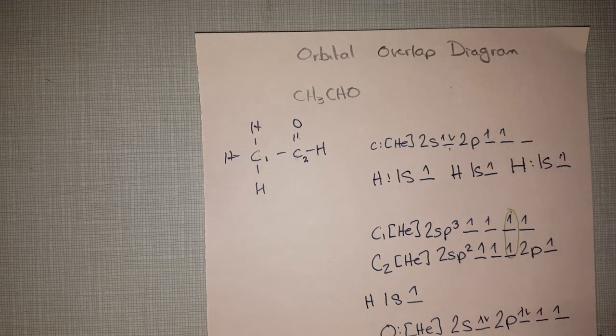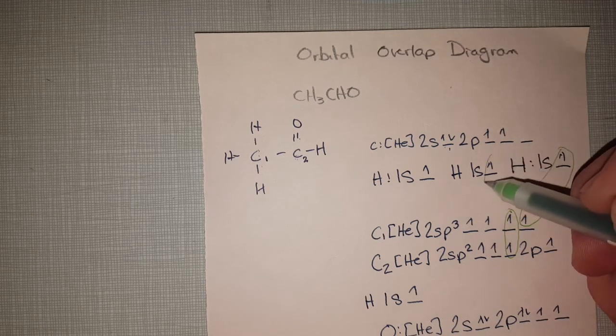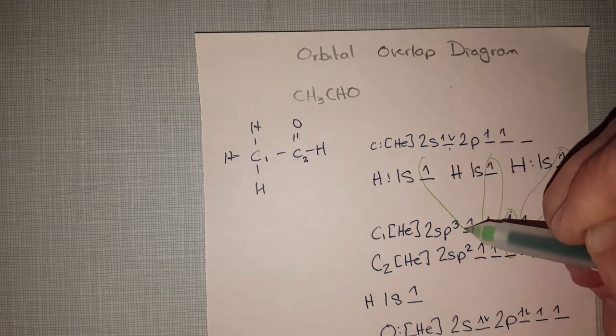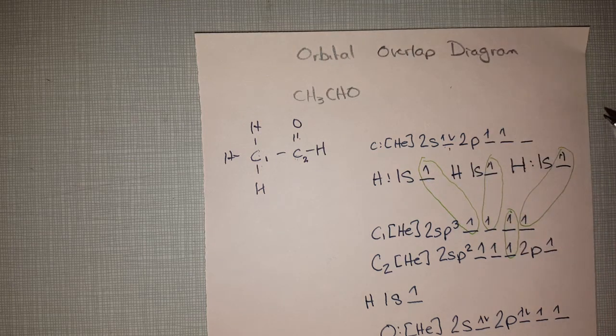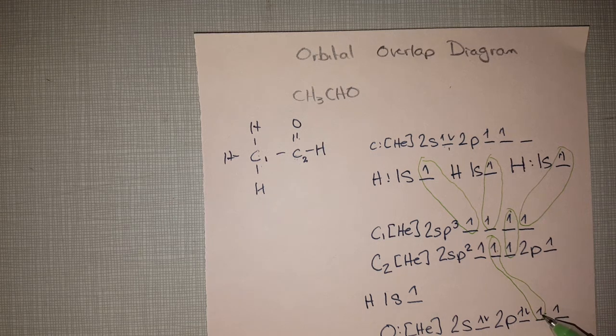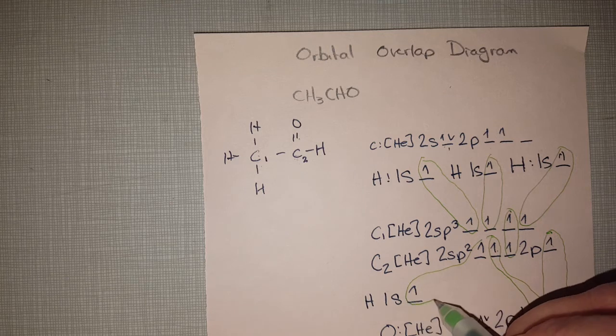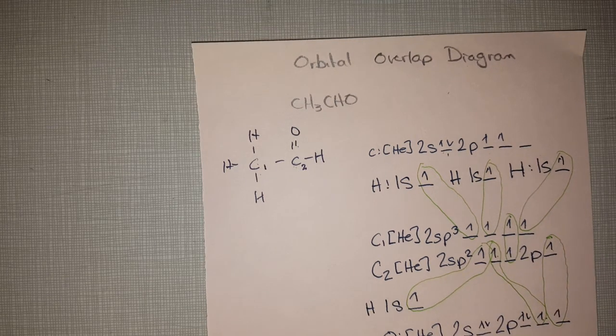This p is kept back special, it's for the oxygen. And then my first carbon can bond with its first hydrogen, its second hydrogen, and its third hydrogen. My second carbon has a single bond to the oxygen, which is an overlap of a hybrid with a p, and then the second bond between them has to be between the side-by-side overlap of 2 p orbitals. And then the last orbital of the carbon will overlap with the hydrogen.